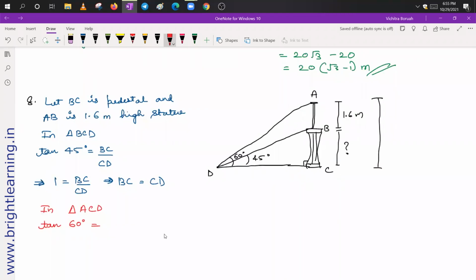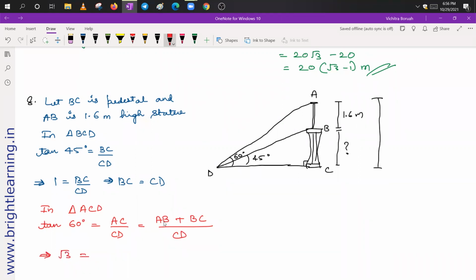Perpendicular here. Now here perpendicular is AC upon base is CD. Now AC is equal to the length of AC, it is AB plus BC, upon CD. Next, tan 60 degree we know is equal to root 3.